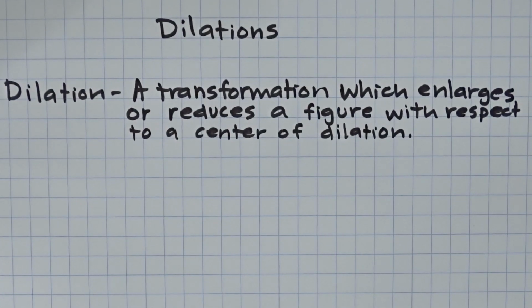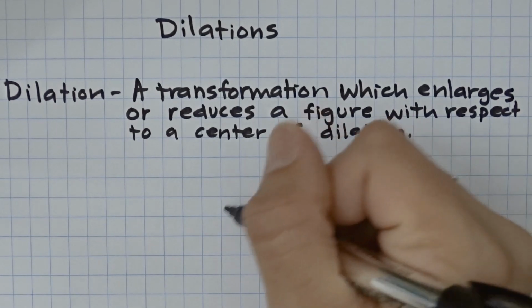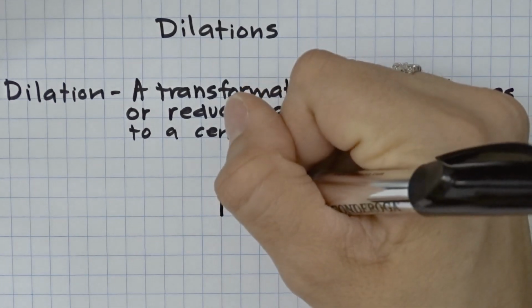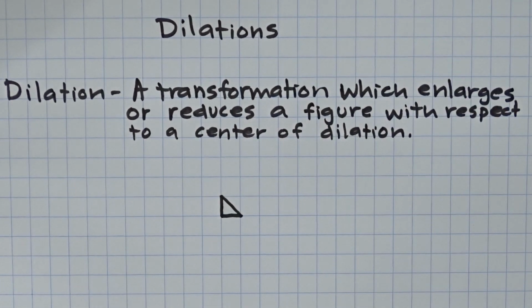Now, a special characteristic of dilations, and just from looking at a dilation, or if you want to determine if you have a dilation, is that the vertices of the figures will come together to one point. So let me just quickly show you what that might look like. So say I have this little triangle, and I were to enlarge it to a bigger triangle.